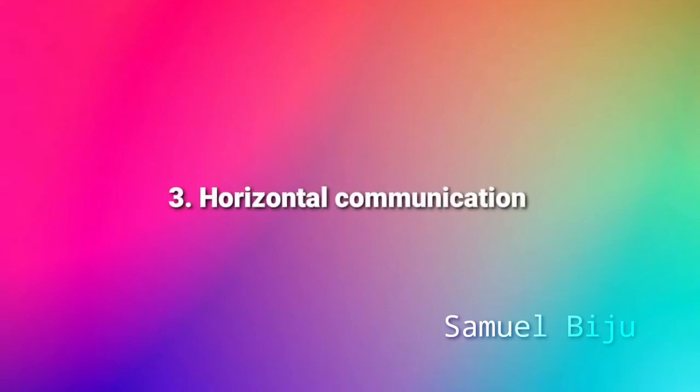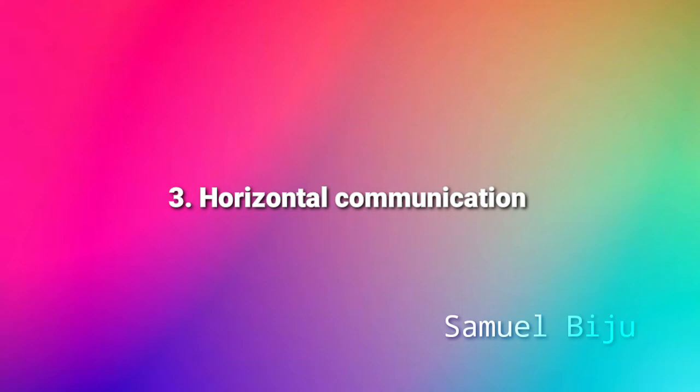Let's talk about the third one, horizontal communication. This kind of communication takes place between departments or people on the same level in an organization structure. It is one of the most frequently used channels of communication. Face-to-face talk, telephonic talks, periodical meetings, memos, etc. are the ways of carrying out this type of communication.